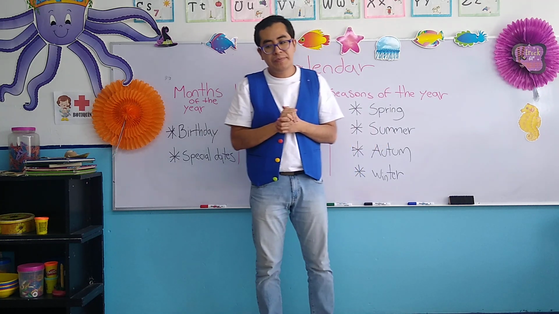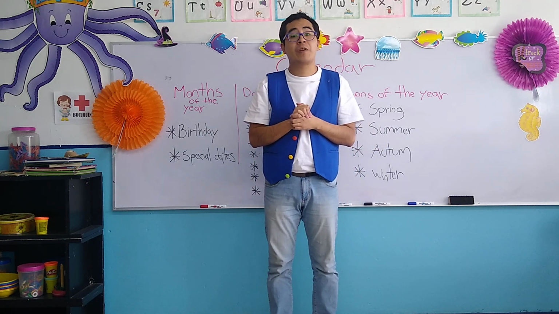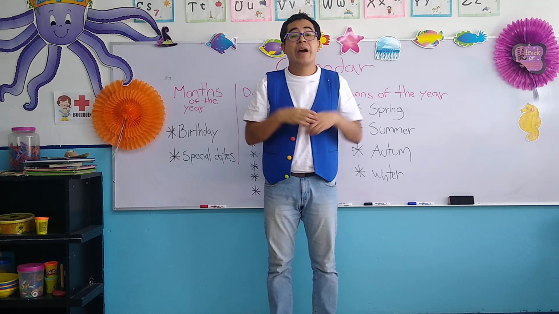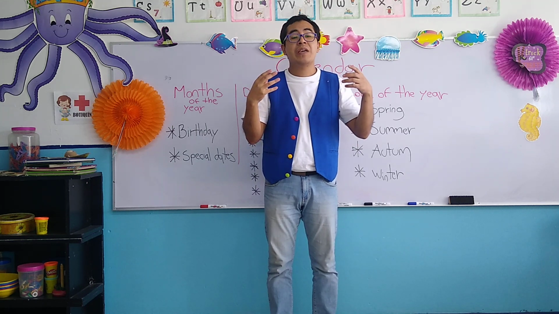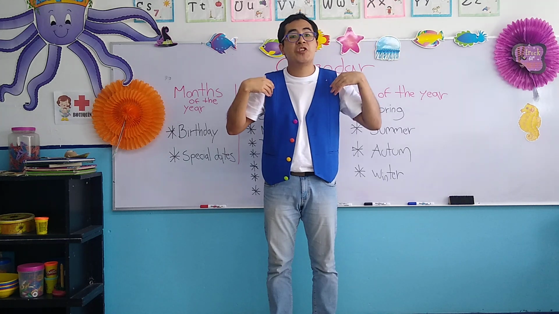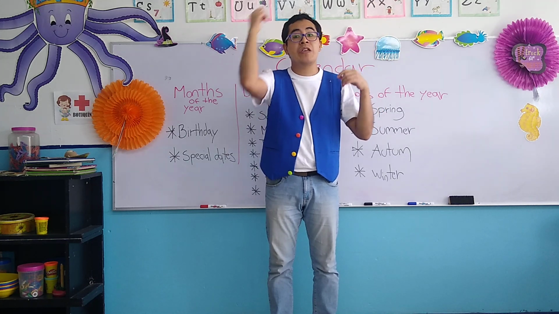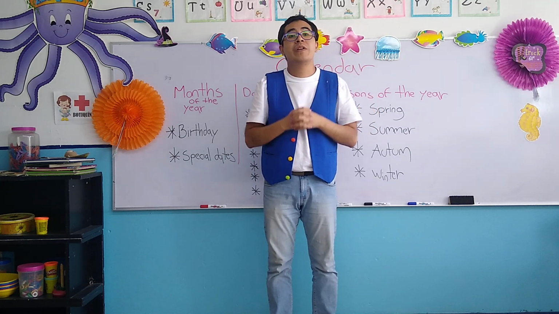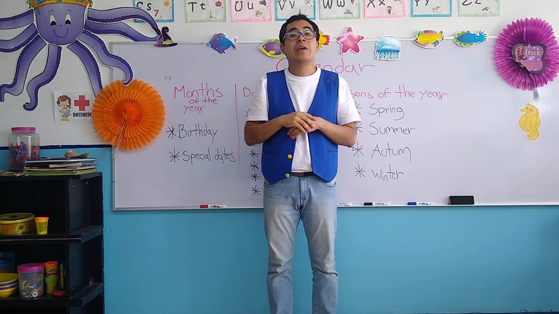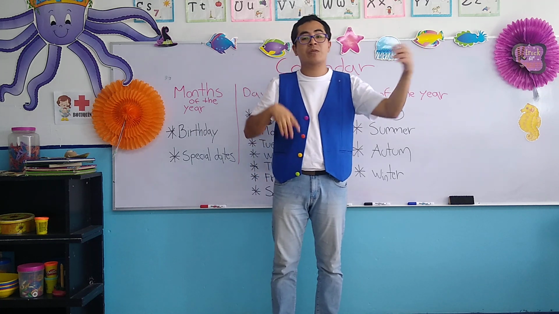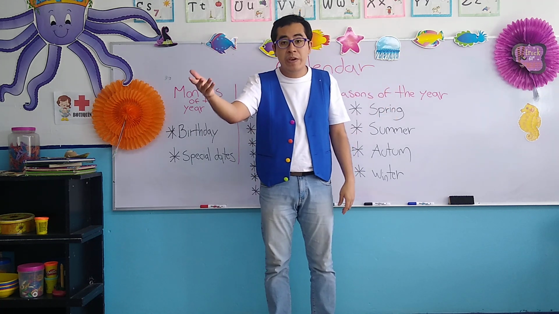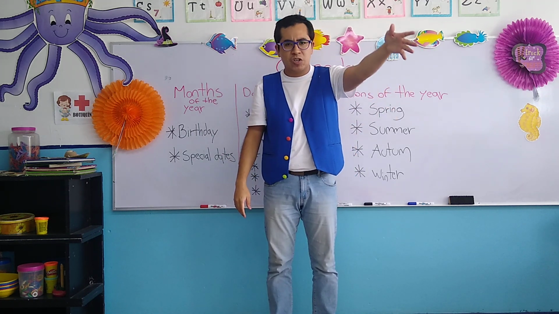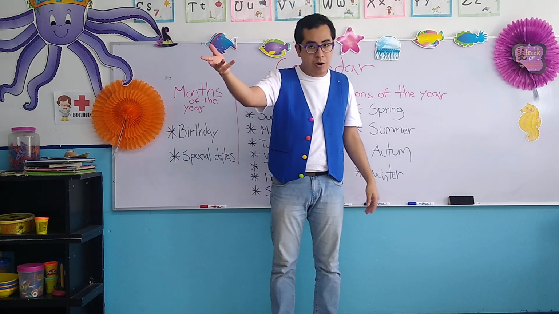Let's continue with objects of communication. Remember, an object of communication is something that gives us information about what is happening in the world. Un medio de comunicación nos transmite lo que sucede alrededor del mundo. It can be news, pueden ser noticias, it can be movies, películas, or it can be a show, a program, or cartoons.